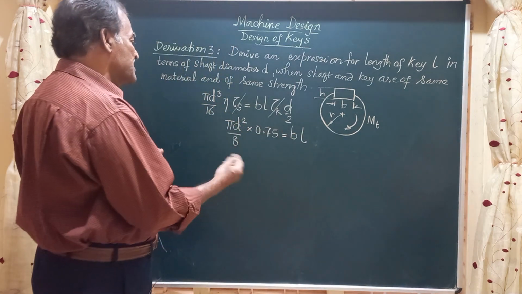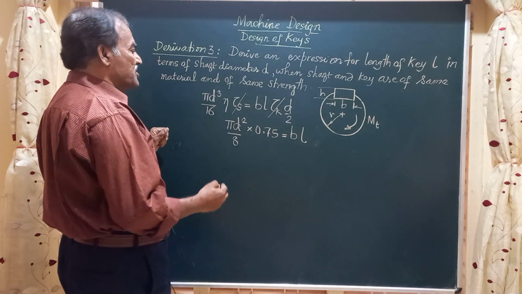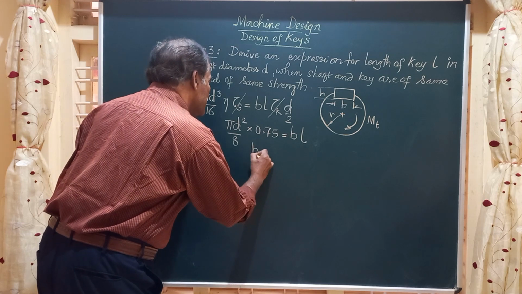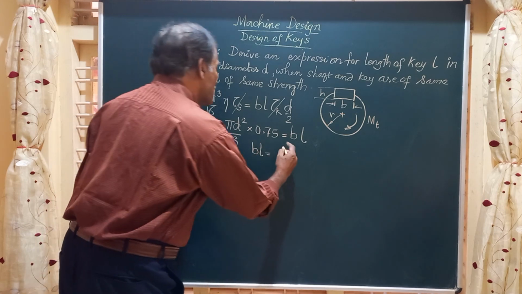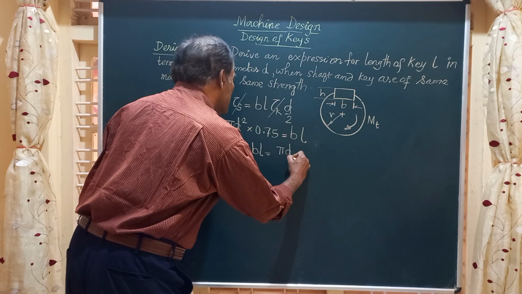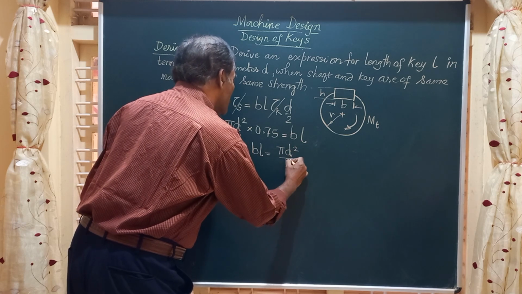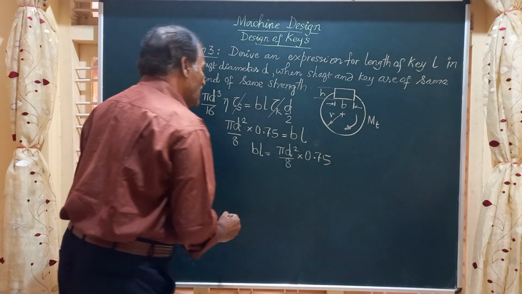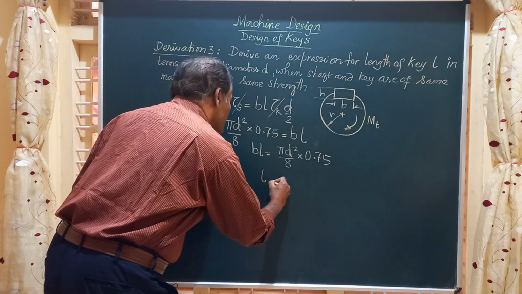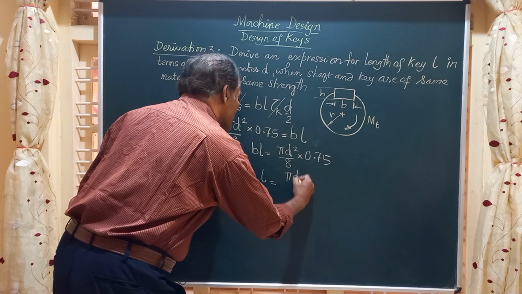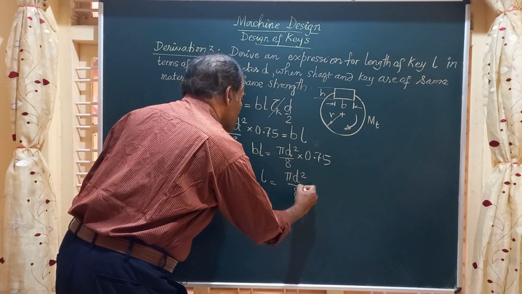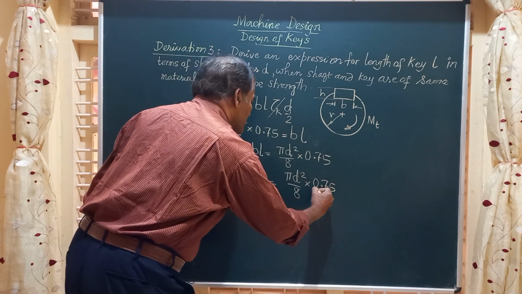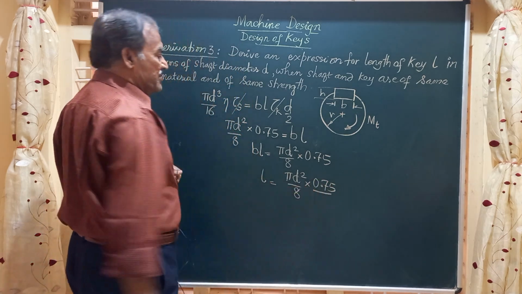Friends, if you further simplify, I want an expression in terms of this L and D. So I'll write down B into L is equal to pi D square by 8 multiplied by 0.75, the keyway factor. I am interested in L, which is equal to pi D square by 8 into 0.75 divided by B. I will take B to the denominator.